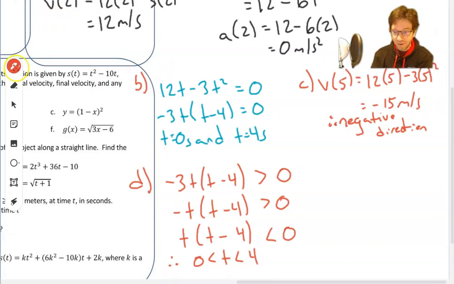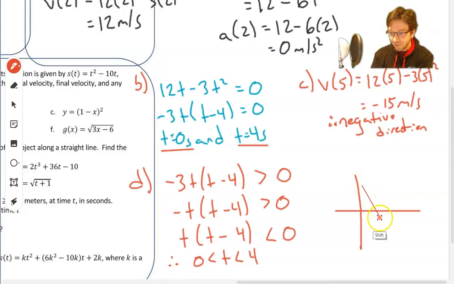Now, the reason why I was looking at options less than 0, options more than 0, and options between 0 and 4 is because I know that the velocity is 0 at t equals 0 and 4. Right? So what that means is if you had some graph, let me just look at one example.